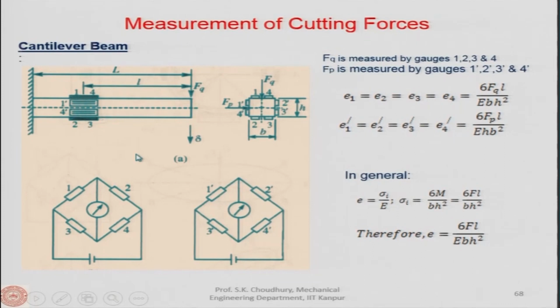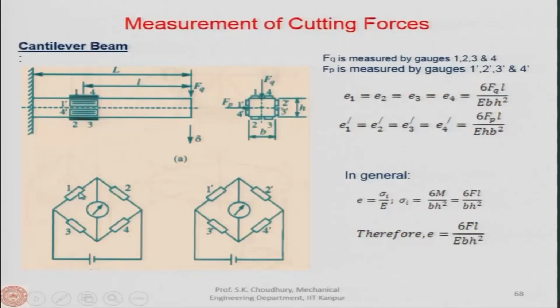Now, if we make 2 Wheatstone bridges, one consisting of 1, 2, 3 and 4 and another comprising 1 prime, 2 prime, 3 prime and 4 prime, then from the strain that you can measure in the Wheatstone bridge comprising 1, 2, 3, 4, you can find out the value of Fq.